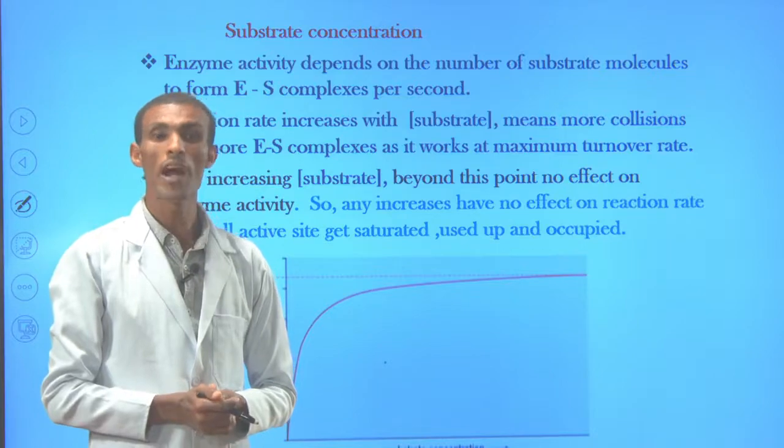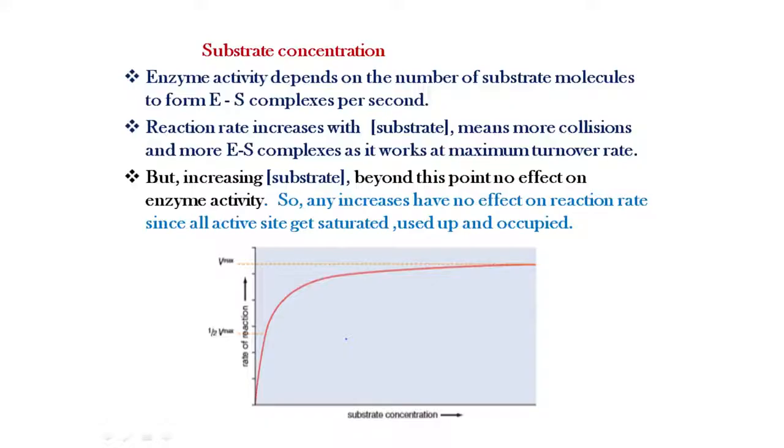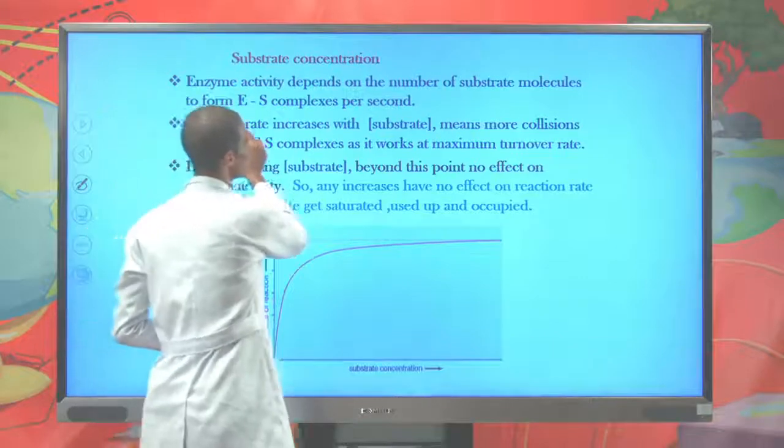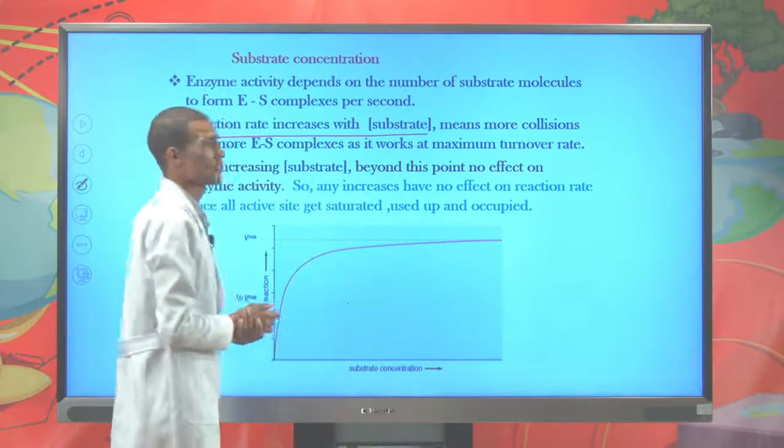Then another factor that can affect the rate of the reaction is substrate concentration. Students, we have seen that a substrate is the substance to which an enzyme binds. So enzyme activity highly depends on substrate molecules forming enzyme-substrate complex per second. This means the rate of the reaction increases with substrate concentration.